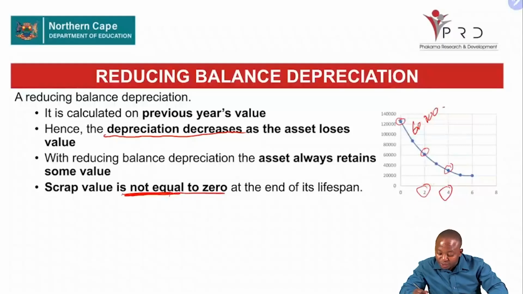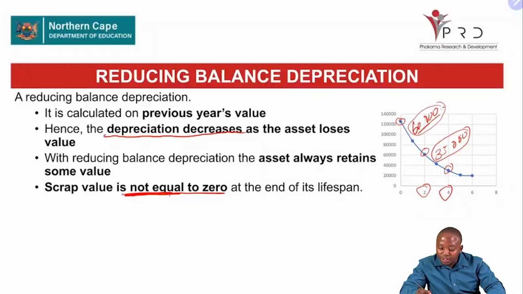So you can see that it is not the same as the 60,000 that we initially had. It was maybe a drop of 35,000. So the new depreciation on this one was 35,000, whereas here it was 60,000. So it is not the same, unlike the linear depreciation.